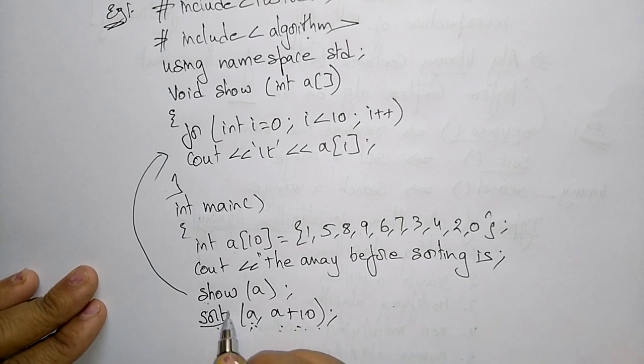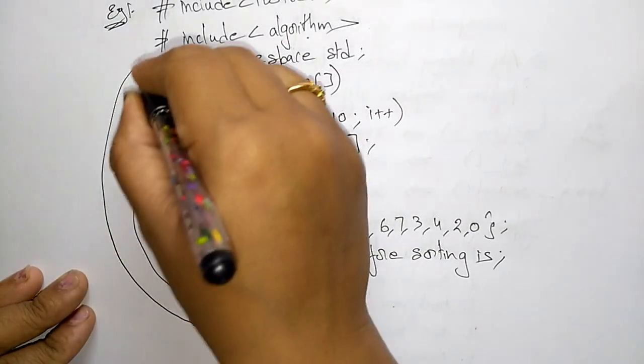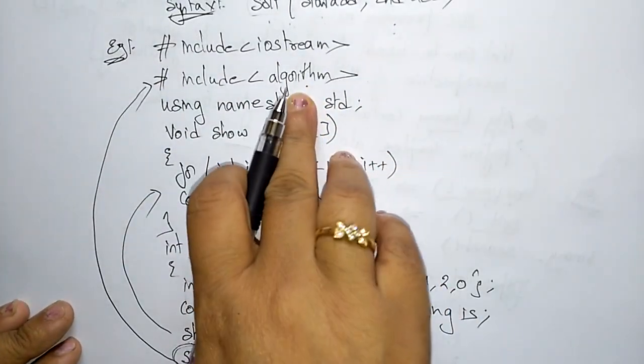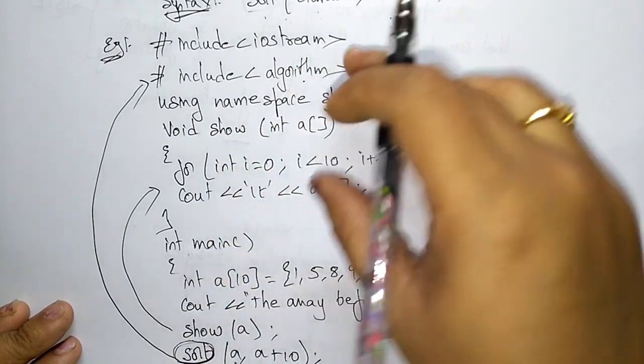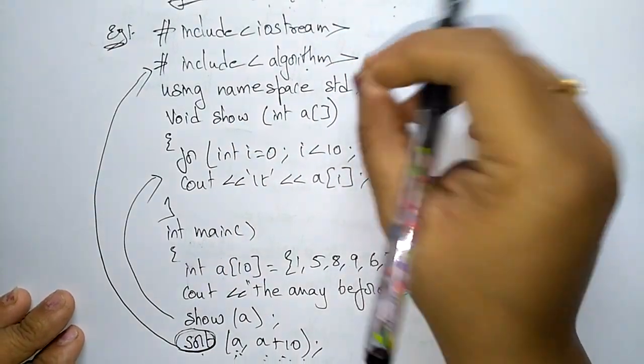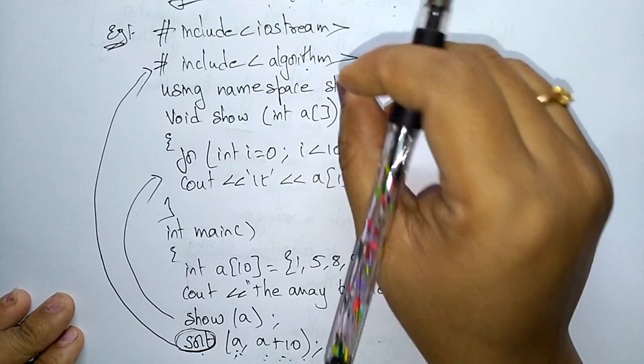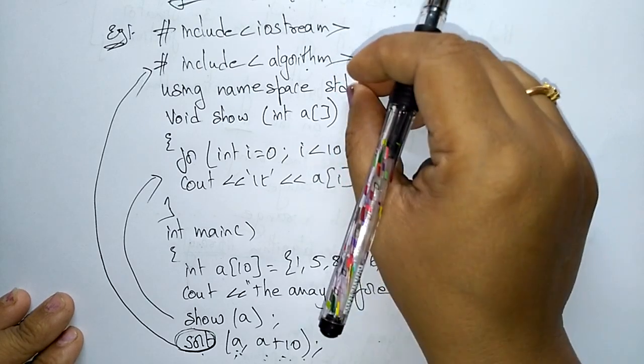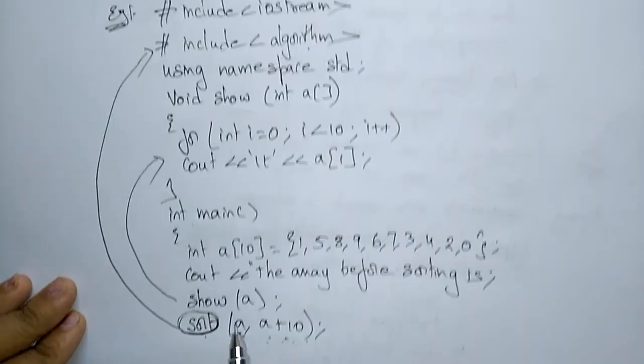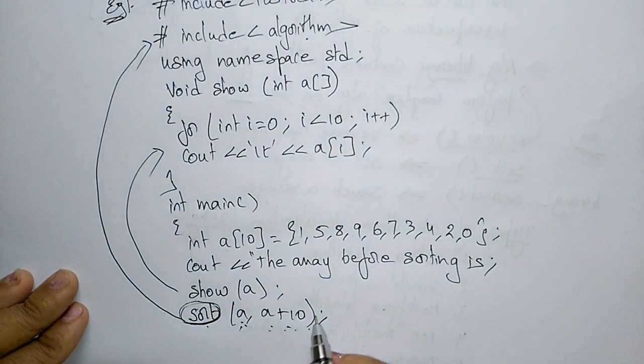Whenever I use the sort function, it is already available in this algorithm library, and it arranges the numbers in ascending order. So sort(a, a+10).